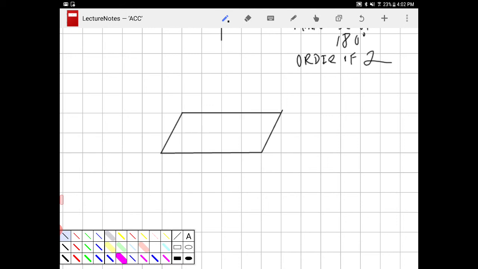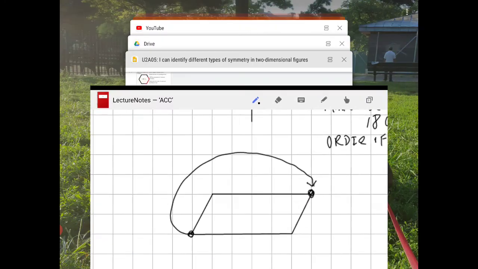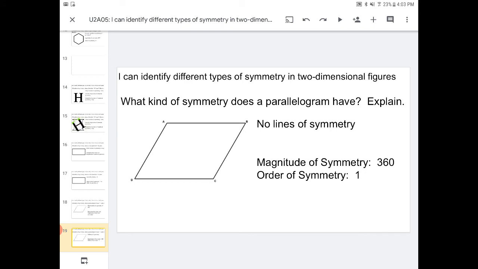Will there be any magnitude or order of rotational symmetry happening here? It looks like there is rotational symmetry. We can rotate this thing and it will land right there. So it's going to be 180 degrees, and the order will be 2. So there are no lines of symmetry.